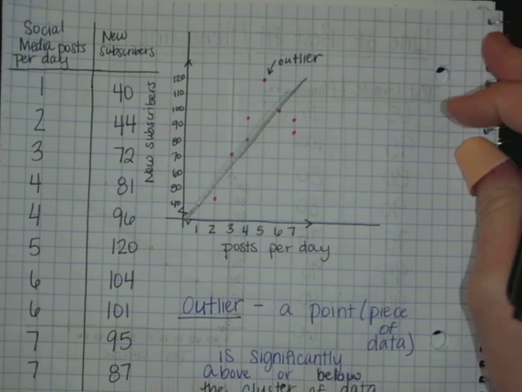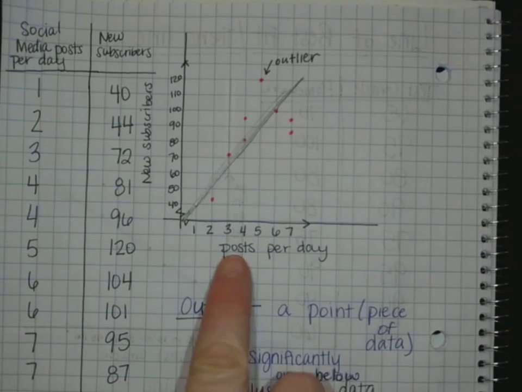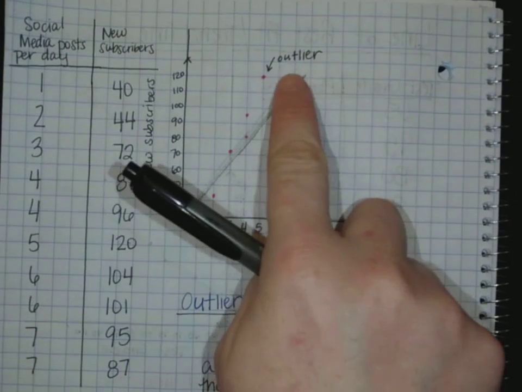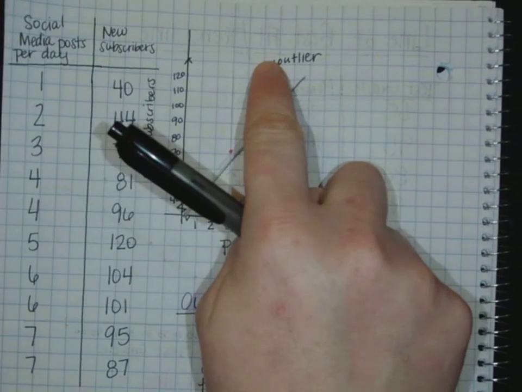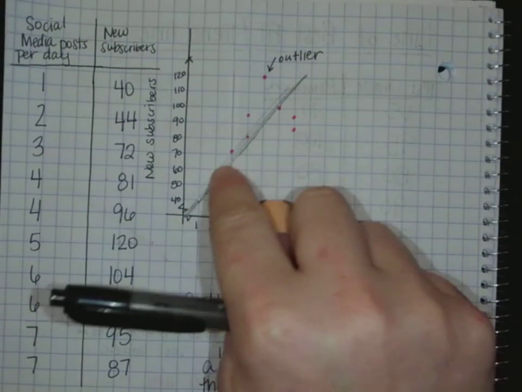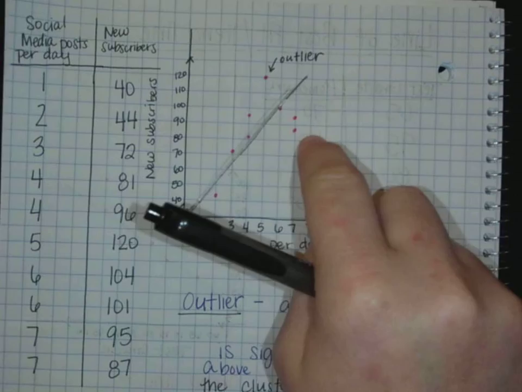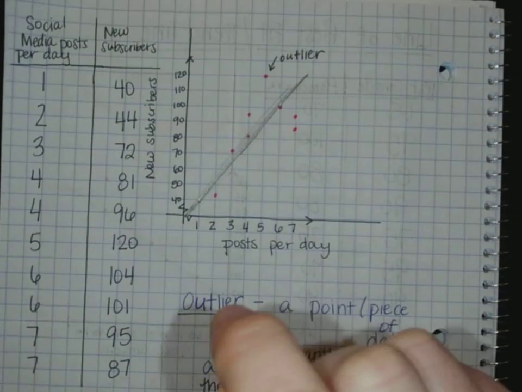That could be somebody collected their data wrong, or I don't know, if you're talking about posts per day and new subscribers, this is an outlier. There might have been a reason that this one day there was a significant difference between what the trend was, or how many they typically get, and how many they actually got on that day. So those are called outliers.